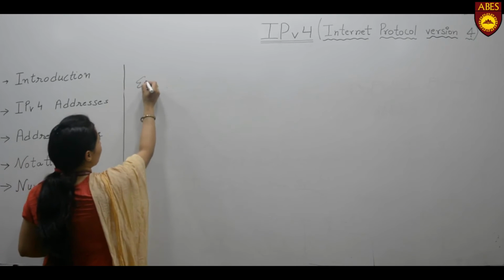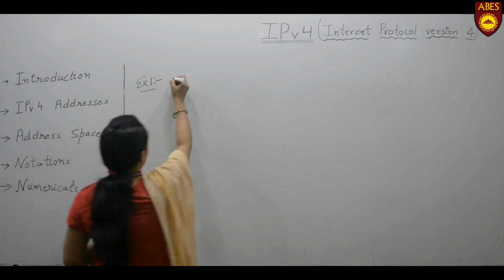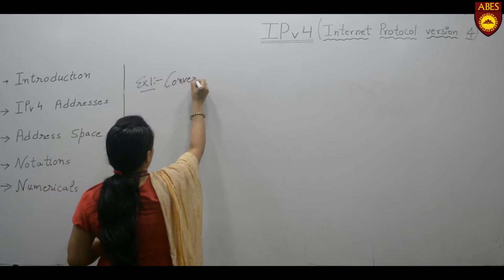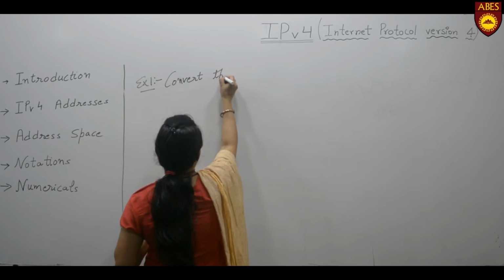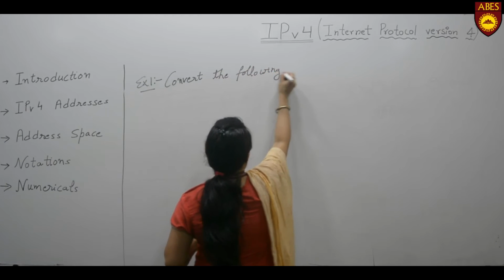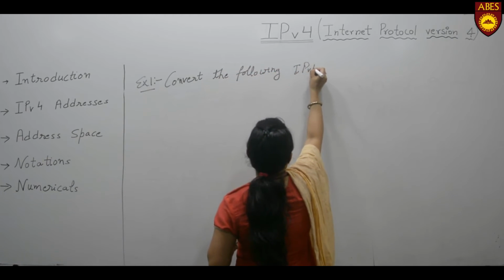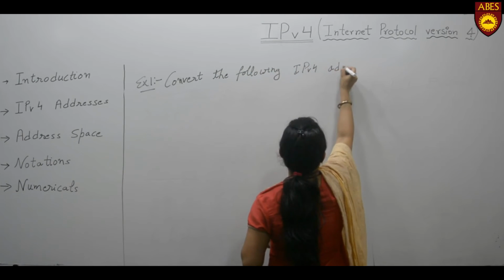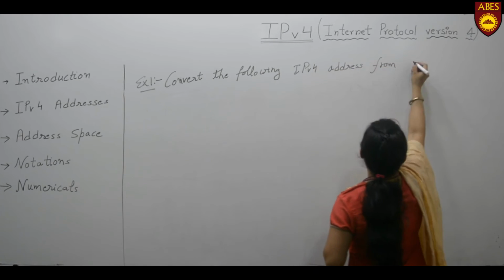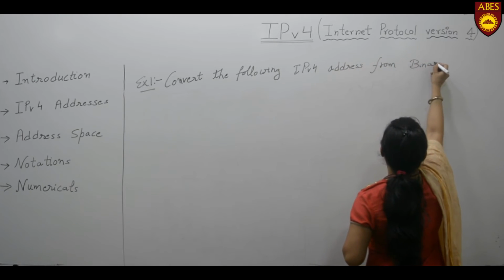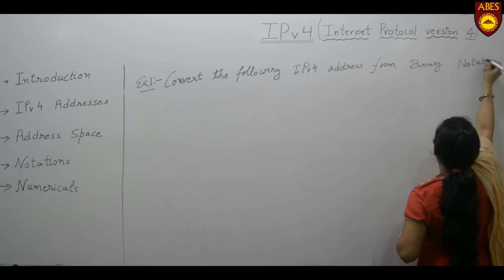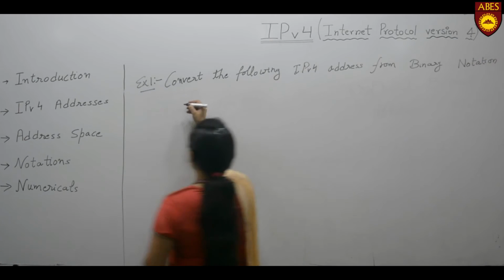Suppose for example we have this example: convert the following IPv4 address from binary notation to dotted decimal notation.